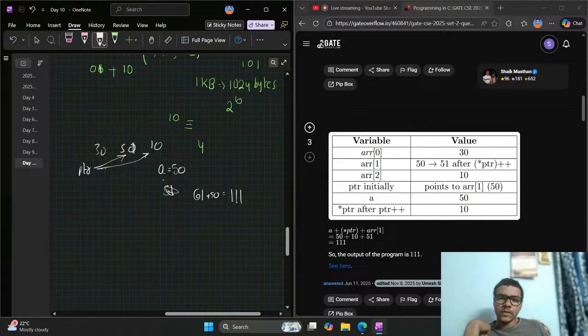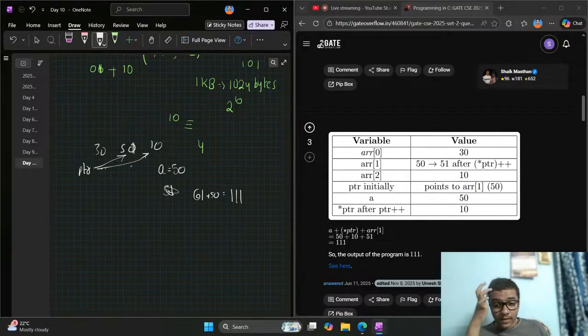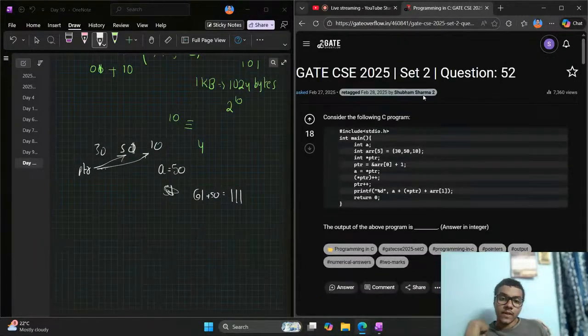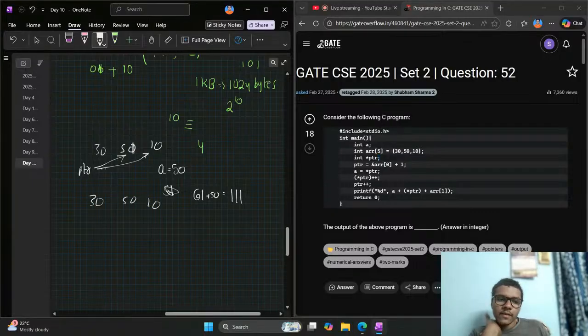And array of 2 is 10, the pointer initially points to 50, and A is equal to 50, and the pointer after pointer plus plus is 10. So yeah. Nice. So I will track it again.